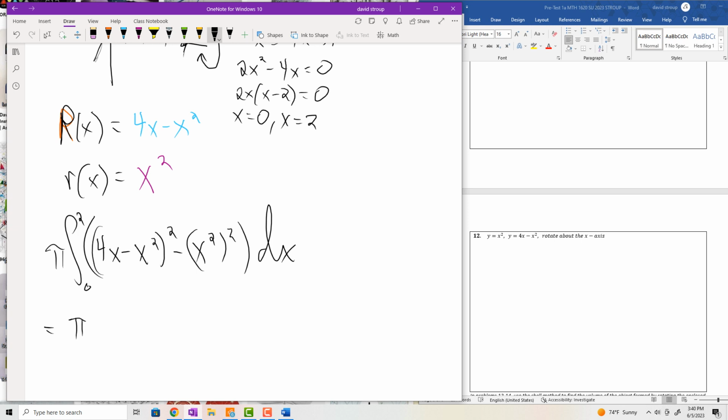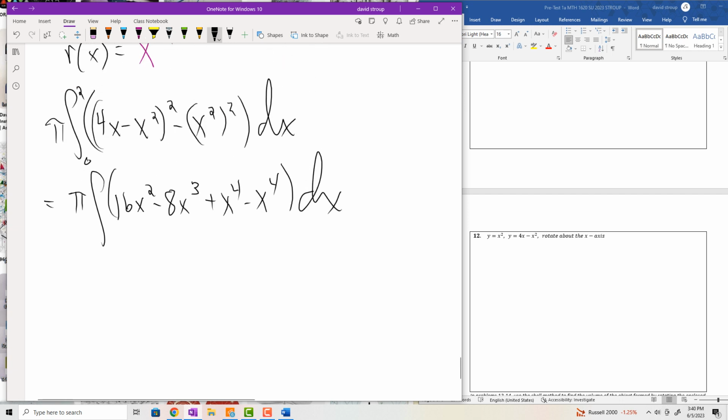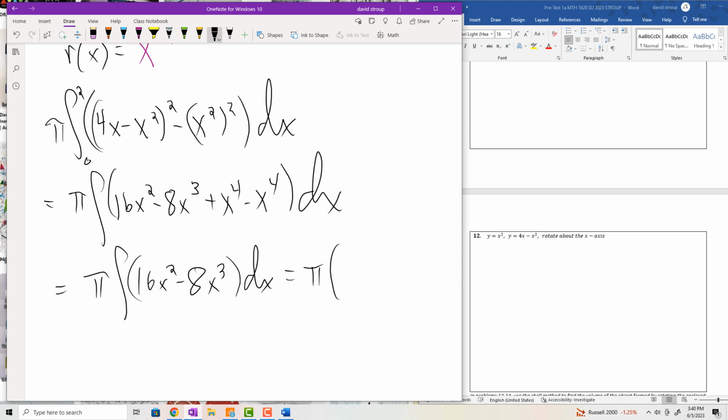So doing a bit of foiling, we get 16x squared minus 8x to the third plus x to the fourth minus x to the fourth. Simplify before you integrate. And then this is going to be pi times the integral of 16x squared minus 8x cubed.